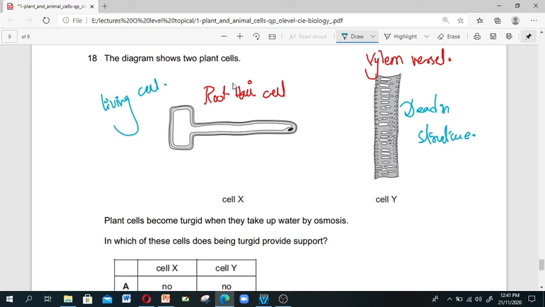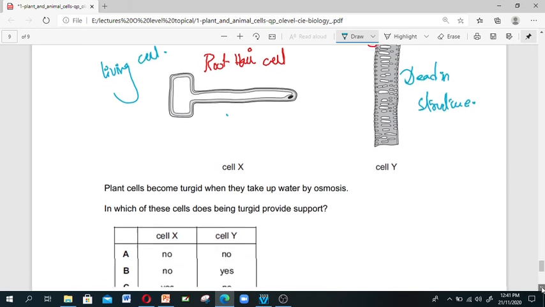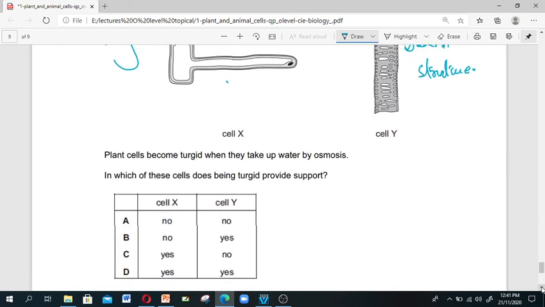Only the root hair cell becomes turgid in presence of water, and it can take up water by osmosis because the cell membrane is there. So in cell X, being turgid provides support. So option C is the right option, because cell Y is not affected by presence or absence of water, because it is not a living cell.